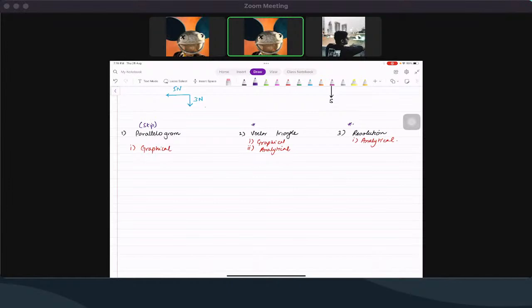Now, we are going to learn about case 1, when 2 vectors are parallel and in the same direction.